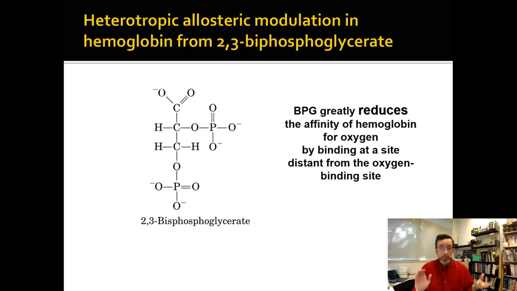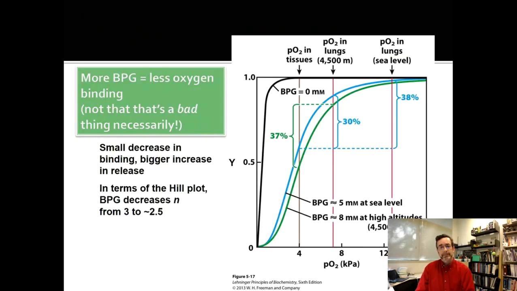Now, it's really cool how all this came about, but we're more concerned right now with how it works in the present. What it does is it binds hemoglobin, but not near the heme, it binds distant from the heme. Therefore, it is heterotropic, one molecule changes another's binding, and it's allosteric. It causes another shape to the hemoglobin, and that's how it works.